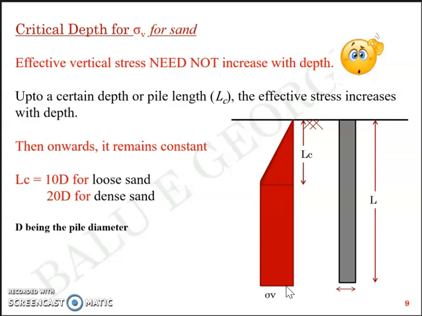But for a design engineer, it's always safe to assume that there is critical depth. So it's a conservative design, it's a safe design to assume that there's a critical depth. Or else if you don't take a critical depth, you will have a huge value of Fs, and hence you'll have a huge value of pile capacity, which may not be the actual case in field. So to be on the safer side, it's good to take the critical depth.